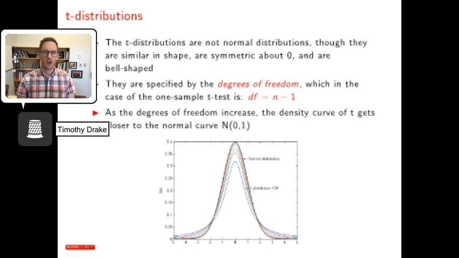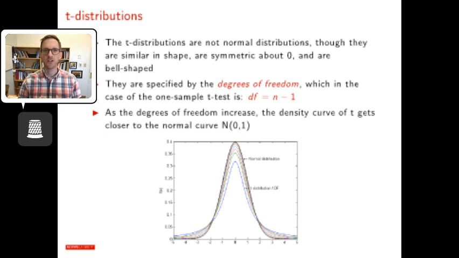Okay, so we have a family of distributions. We'll label them all the t distributions. They're not normal distributions, but they're very similar in shape. They're symmetric about 0, and they're bell-shaped. If you see the graphic down below, study that, because what it's telling you is that each one of these t distributions is associated with some degrees of freedom.